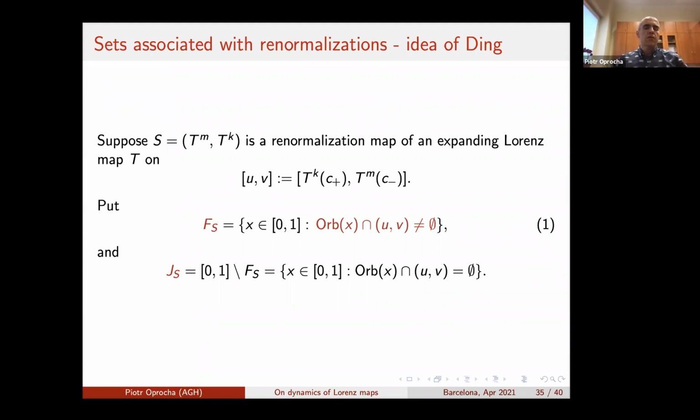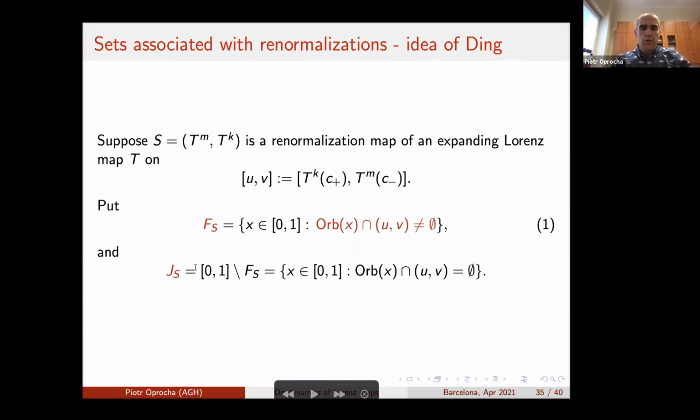All right, and this is how the machinery in Ding was working, or how he was trying to prove it. He was defining a set Fs: he had this renormalization on some interval uv, and then he looked at points which eventually fall inside uv, but without the boundary, and collected them in Fs, and said that this set is always open invariant.